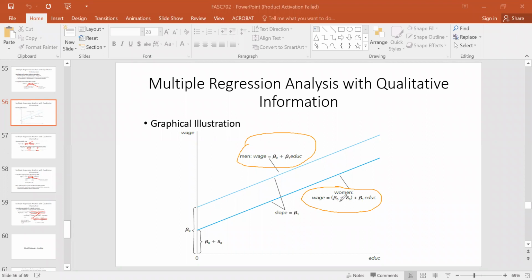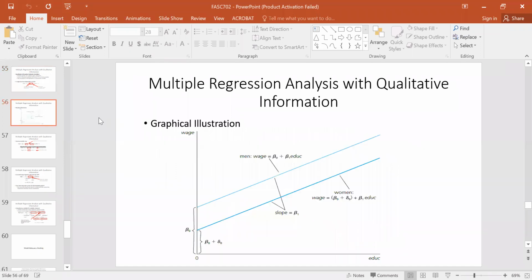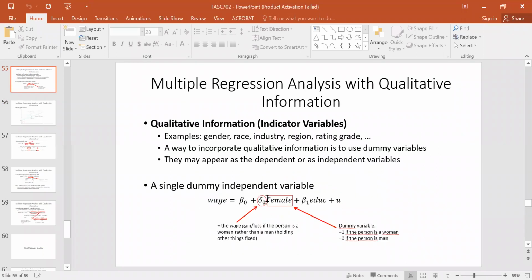Yes. Let me just give you a flavor. This variable female is the same as gender. You put 1 for everybody who is a woman in the data, and 0 for everybody who is a man. I've just demonstrated it in Excel. All women take 1 here, all men take 0.